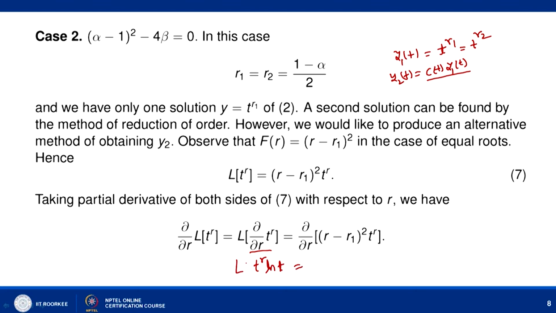If you differentiate the right hand side, you will get 2(r minus r1) t to the power r plus (r minus r1) whole square, and again t to the power r ln t.